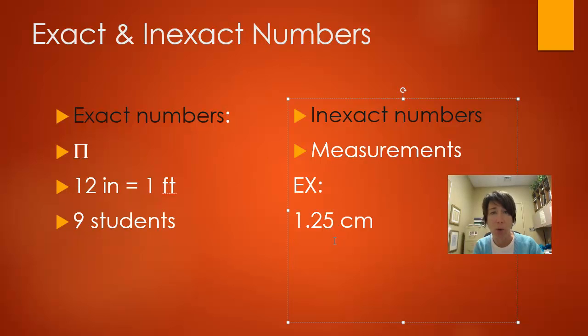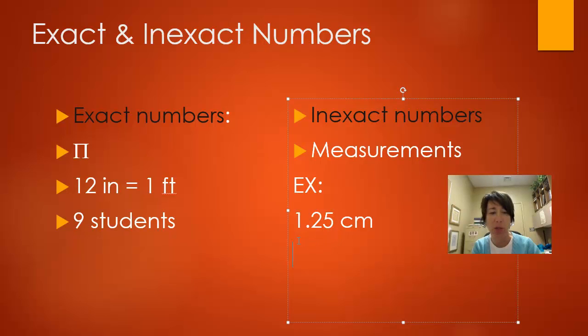Then, in a correctly recorded measurement, the last digit is considered to be estimated or uncertain. And it is usually plus or minus 1 of that last place value.